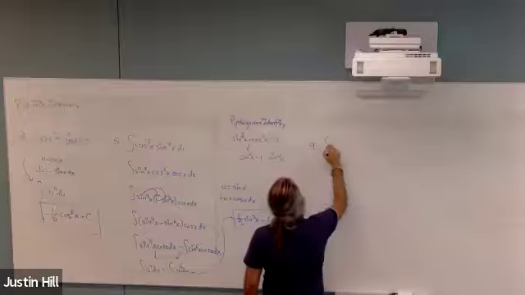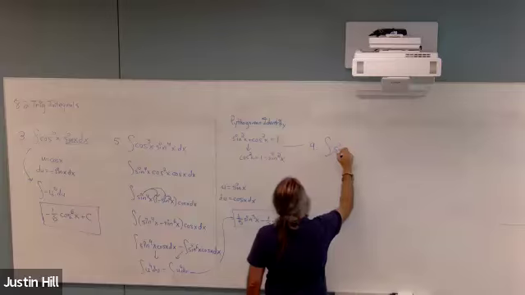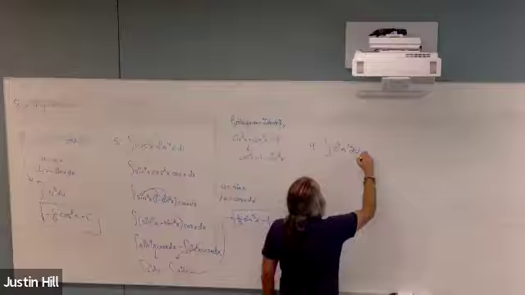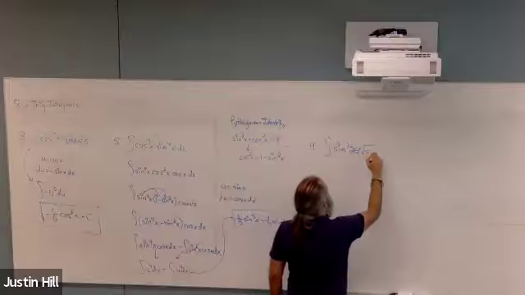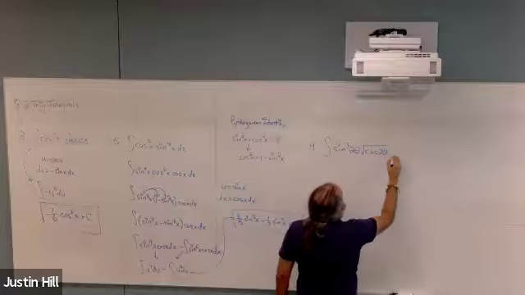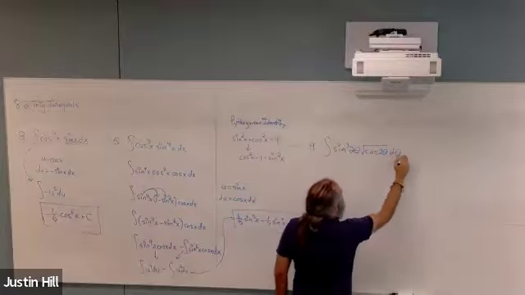Let's look at 9. There, they want the integral of sine cubed 2 theta times the square root of cosine of 2 theta d theta.